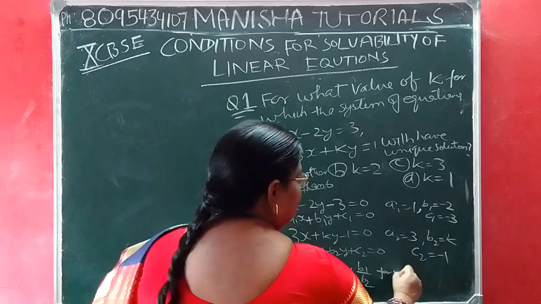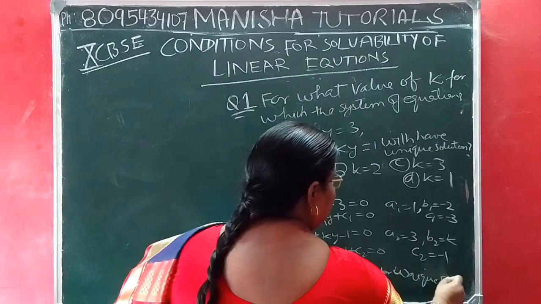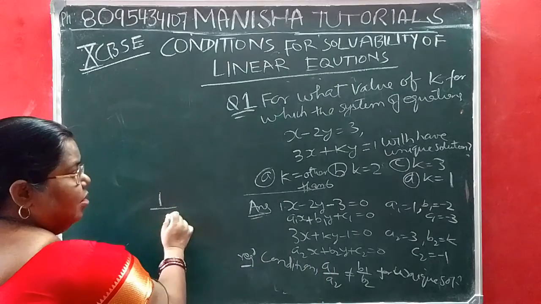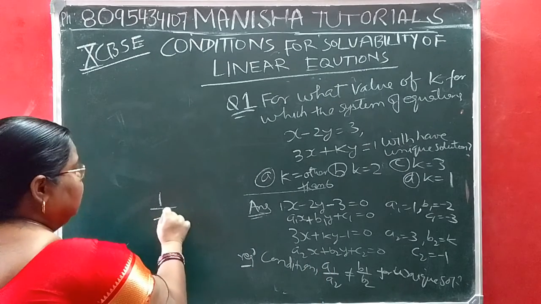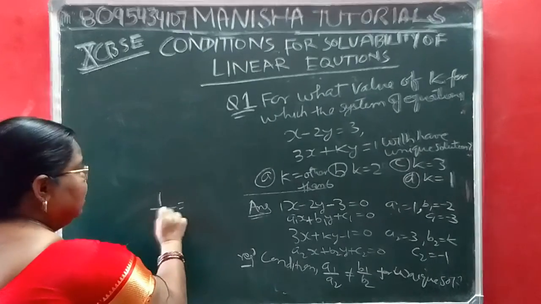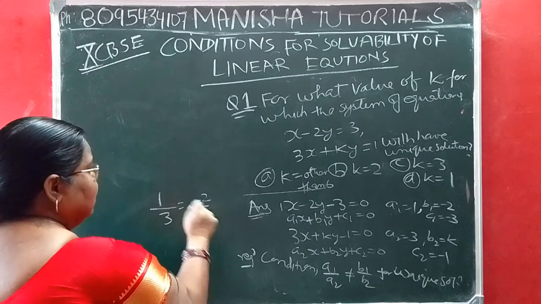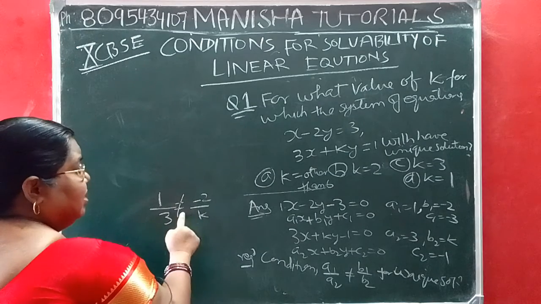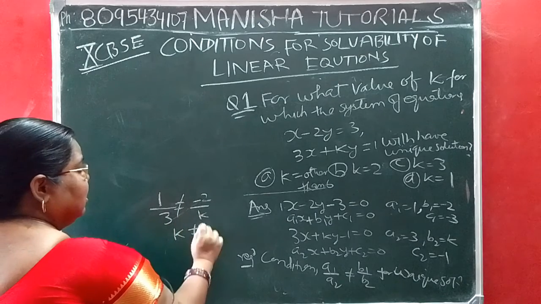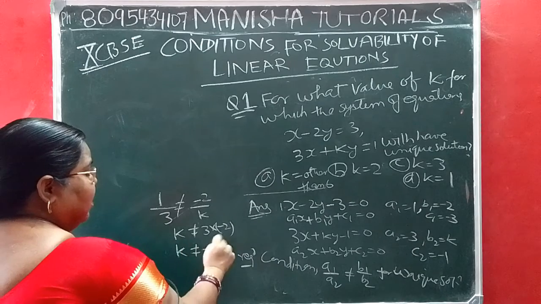For a unique solution, a1 value is 1 and b1 value is minus 2, a2 value is 3 and b2 value is k, is not equal to. Here we write the not-equal condition. Then, cross multiplying, k is not equal to 3 into minus 2, k is not equal to minus 6.